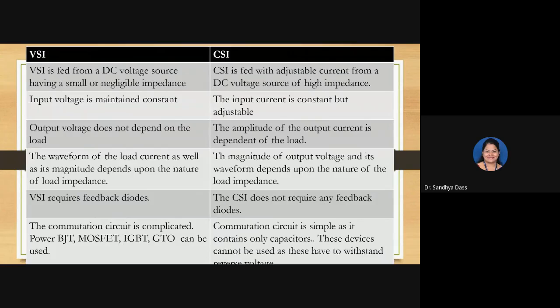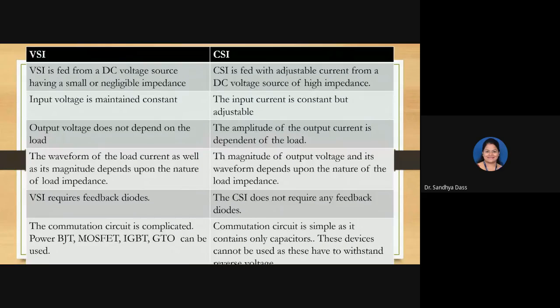In VSI, the output voltage does not depend on the load, whereas in CSI, the amplitude of the output current is dependent on the load. In VSI, the waveform of the load current as well as its magnitude depends upon the nature of the load impedance, whereas in CSI, the magnitude of the output voltage and its waveform depend on the nature of the load impedance.